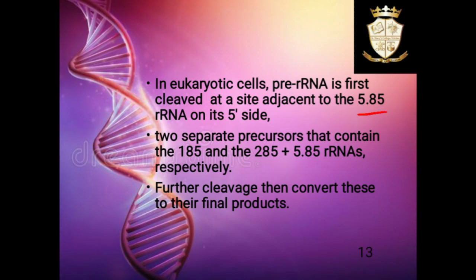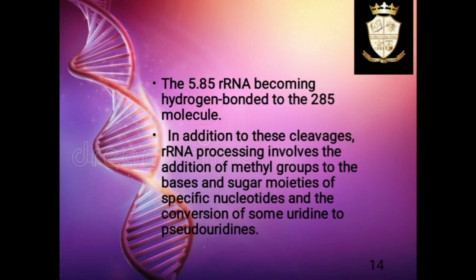Further cleavage then converts these to the final products, and the 5.8S rRNA becomes hydrogen bonded to the 28S molecule. That is the main difference. In addition, rRNA processing involves the addition of methyl groups to the bases and ribose moieties of specific nucleotides, and conversion of some uridine to pseudouridine.